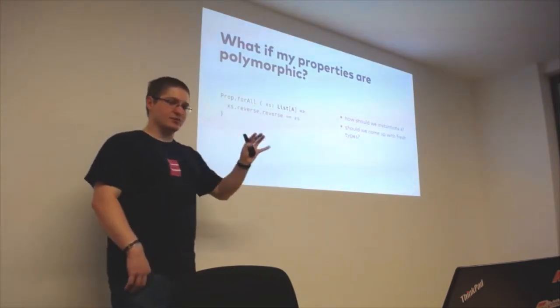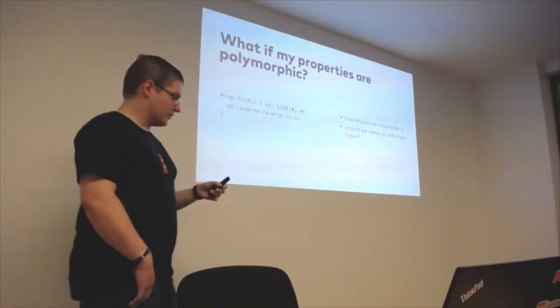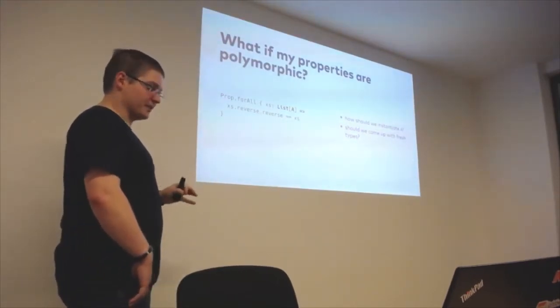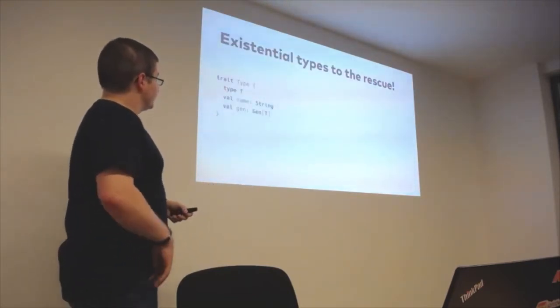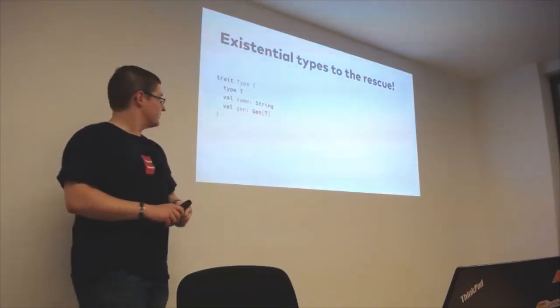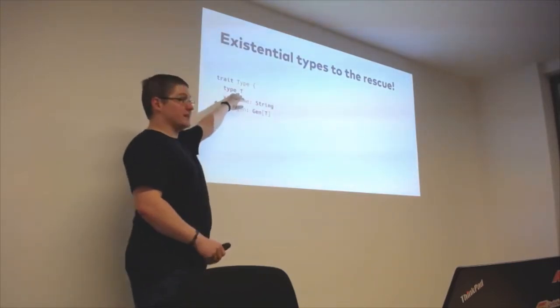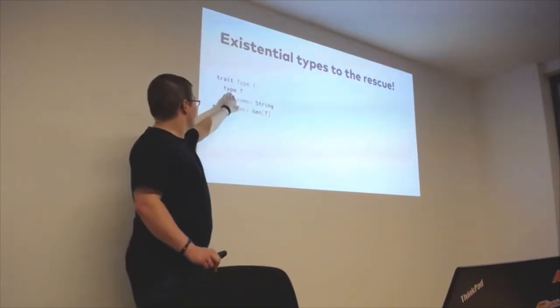And the thing that I'm going to show you now requires a little bit of knowledge about the Scala type system, because it is a little bit complicated to actually make that happen. So the idea is basically you define an interface that's just called Type. And that interface just contains a type T that we don't know anything about. This is something that you can do in Scala.